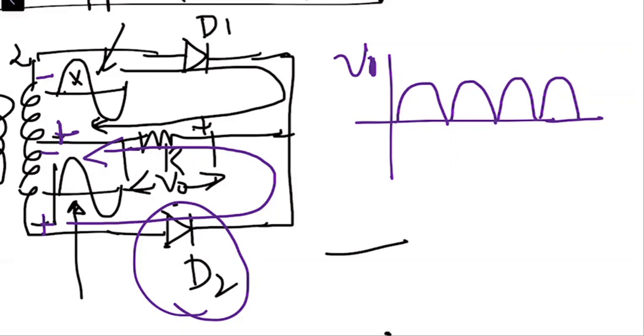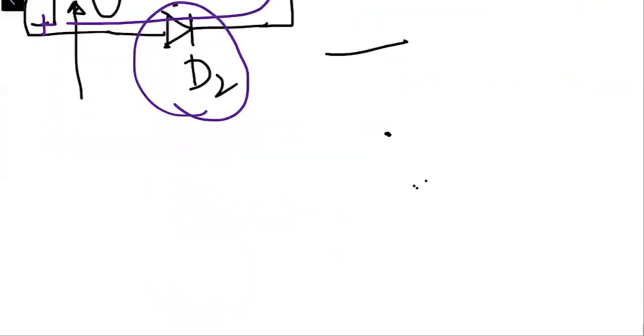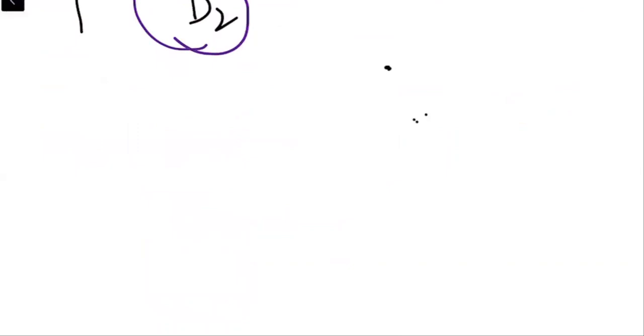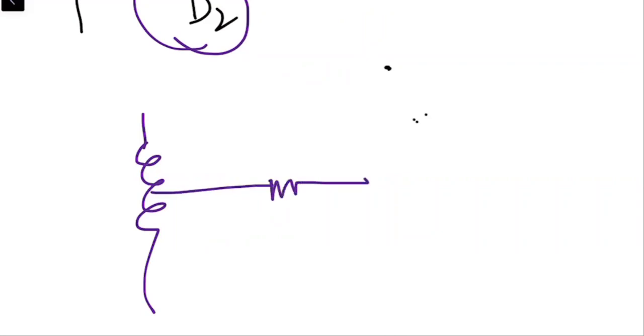And what about the peak inverse value? Whenever we have the secondary winding, over here we have the resistance, and let's suppose diode D1 is behaving as an open switch, right?